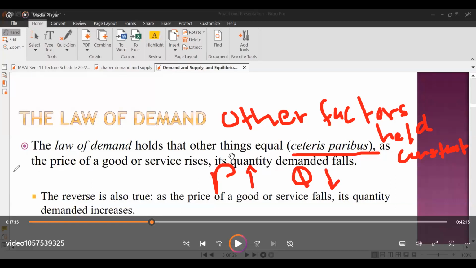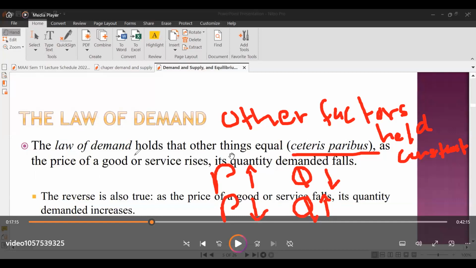Through this we can identify the relationship between these two, the price and the quantity. I will explain why there is this sort of relationship.